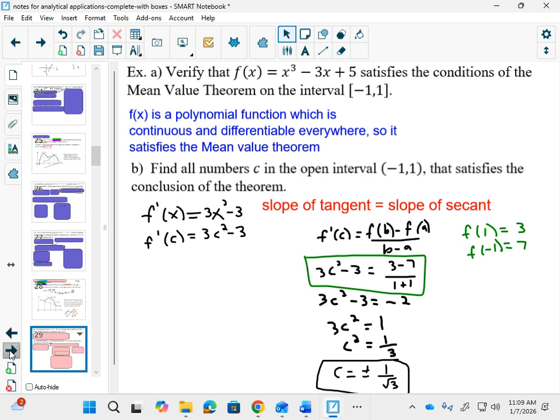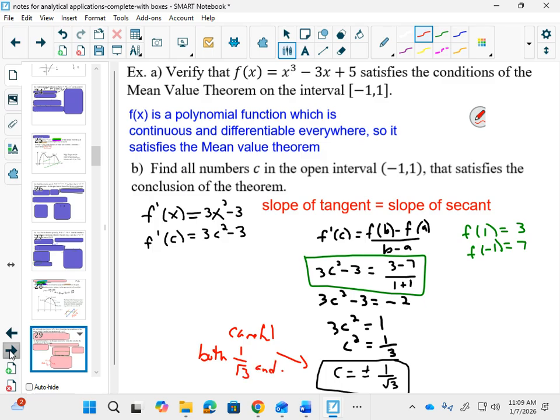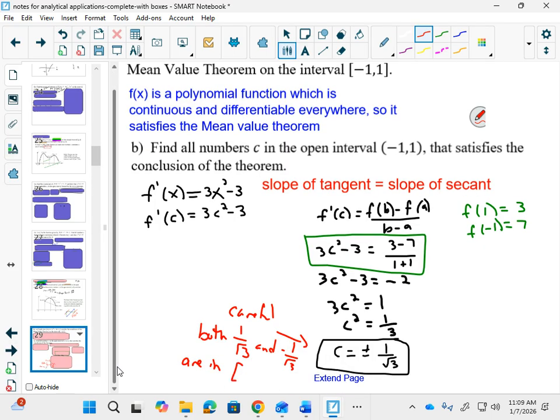For what values of C does that work? And you have to be a little bit careful here. I'll just write careful. Both 1 over root 3 and -1 over root 3 are in -1 to 1.